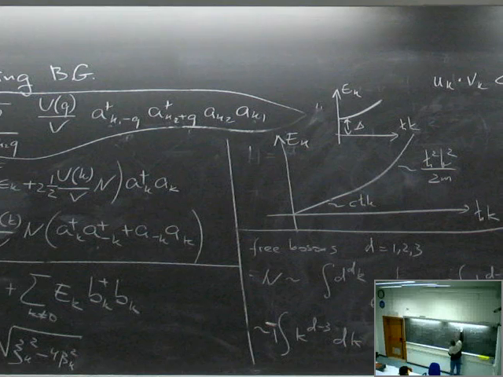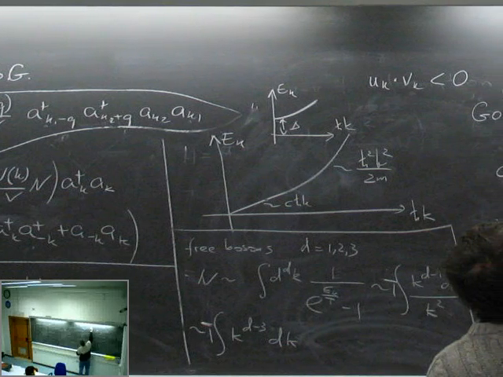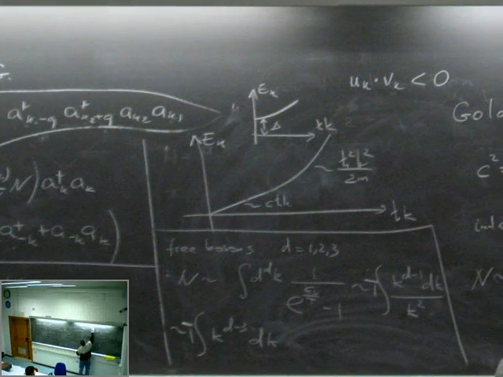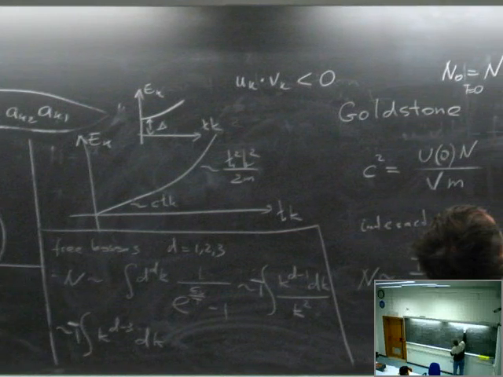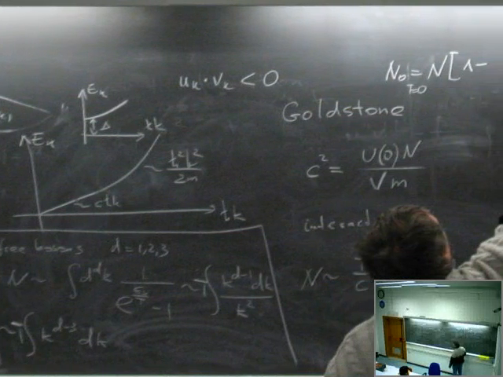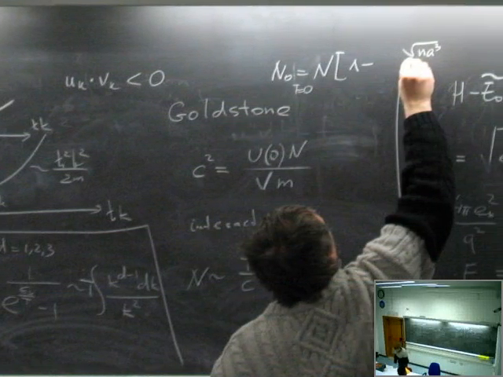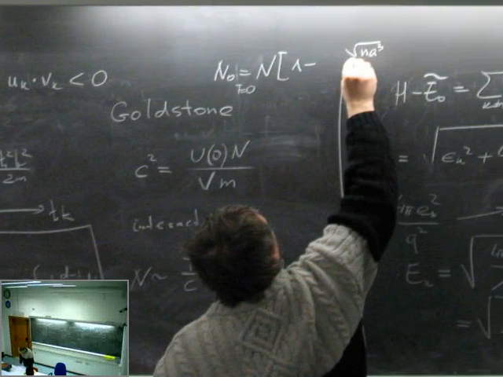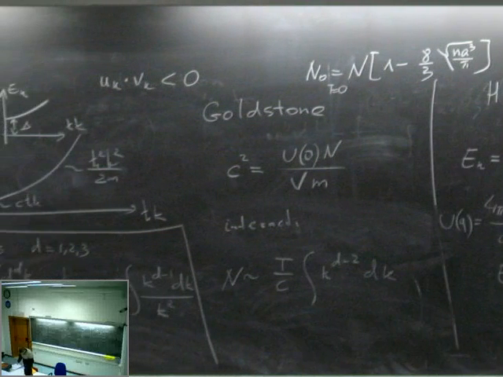However, here it's 1 minus something with a gas parameter, N a cubed over pi, I think, and this is 1/8, if I remember well. So the number of particles in the condensate is not equal to the total number of particles, even at temperature equal to 0.